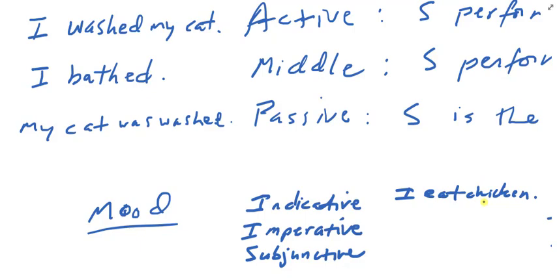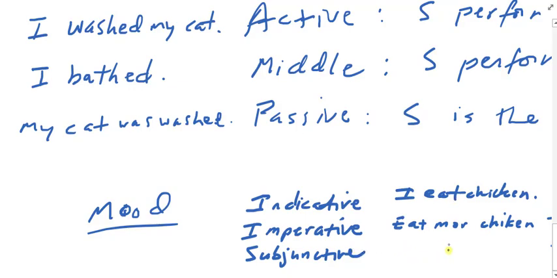Okay? If I'm a Chick-fil-A cow, I'm going to use the imperative every time I open my mouth. Eat more chicken. Okay? The word eat here is not in the indicative mood because I'm not telling you or asserting what is happening. I'm rather telling you to do something, right?